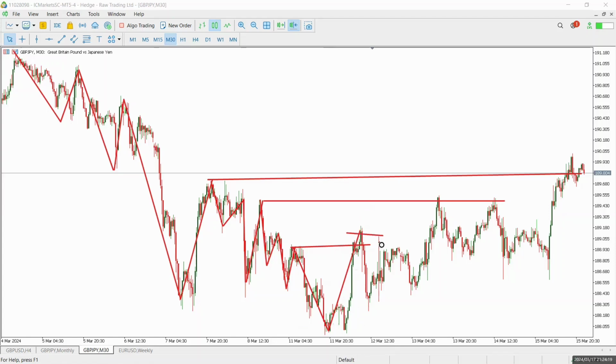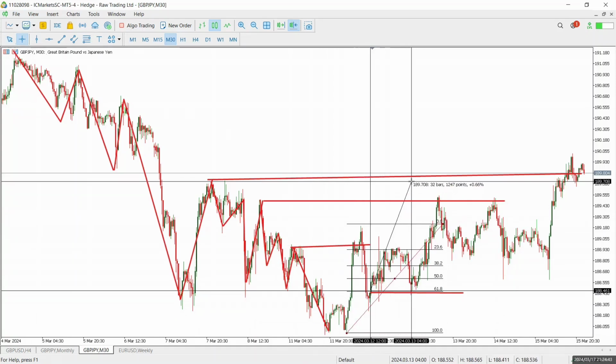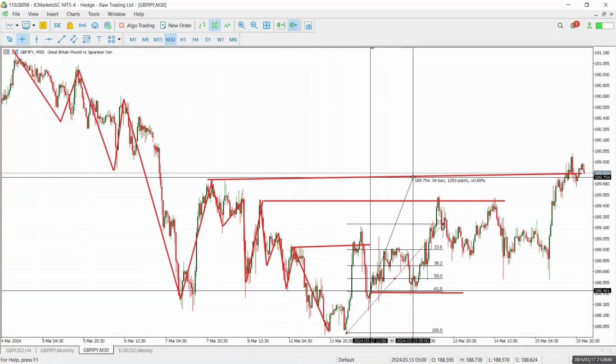But entering here using entry variation 1 with your stop loss here and take profit here won't give you a good risk reward. So what do you do? Patiently wait for entry variation 2. We bring our Fibonacci from the low here to the high point here, and allow price to come to 61.8. At 61.8, you buy pinpoint, put your stop loss at the low of about 47 pips, then buy to the top at this point of about 129 pips.